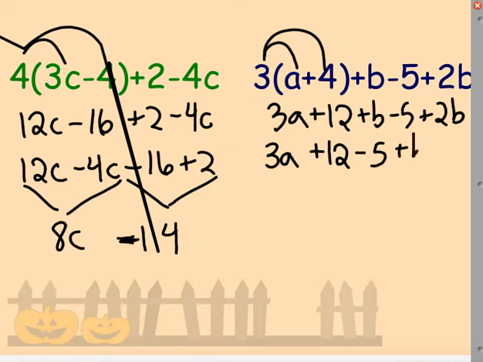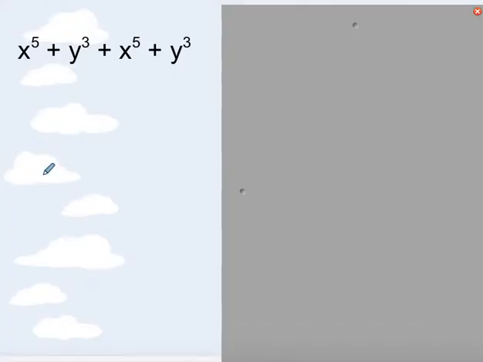And I can move the b and the 2b next to each other. So we can say we have 3a plus 7 plus 3b. And I can't do anything more than that. That's all that we get. That's it.